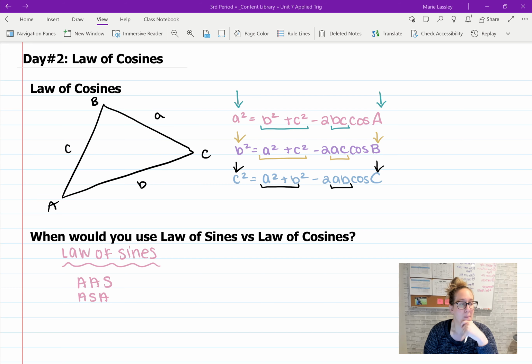Now, there's another one that we did not go over with law of sines because it takes a couple days and we didn't really have time. But if you were given two sides and an angle, so side, side, angle, you actually could use the law of sines for this. This is something called the ambiguous case.